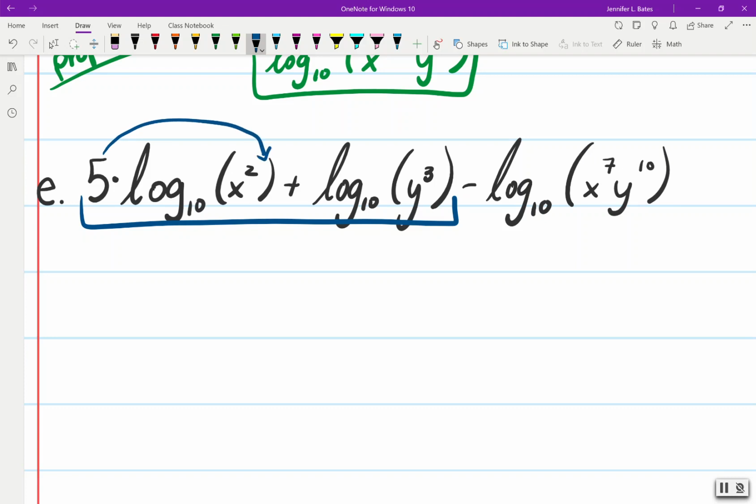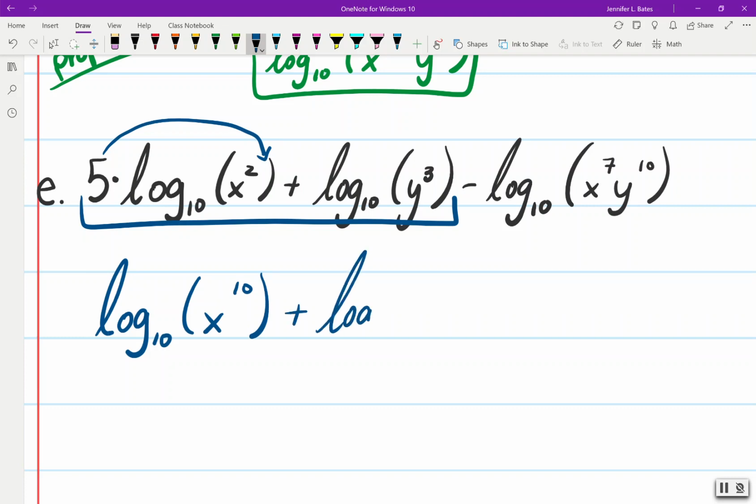Show me on your hand which log property says I'm allowed to do that. Good, log property 3. So this is really log base 10, and then x squared to the 5th power is just x to the 10th, because we take the 2 times the 5. Plus log base 10 of y to the 3rd.